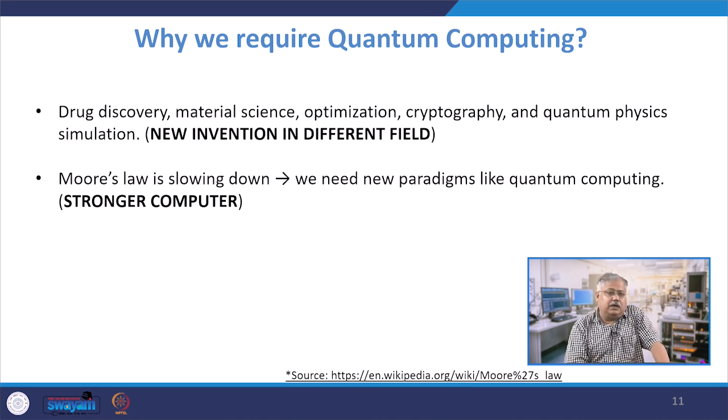Because, as you all are aware, Moore's law is slowing down, so we need a new paradigm in quantum computing, and therefore we require a stronger computer which deals very fast with all these paradigms. That is the reason quantum computing is very important in order to handle such ideas. So we can understand that the motivation for quantum computing coming up in a big way is all the ones which I have stated above.